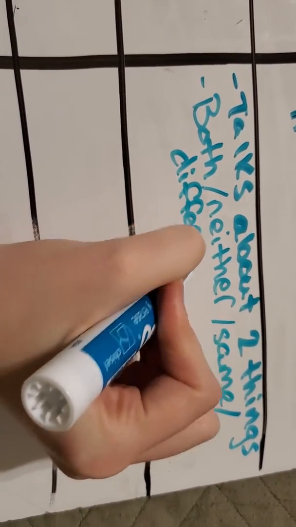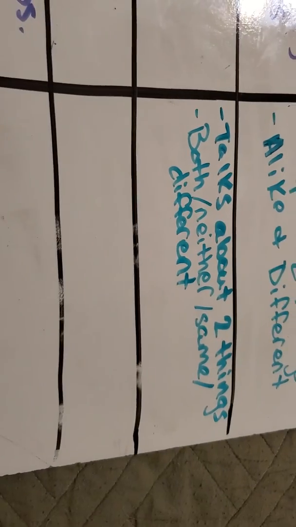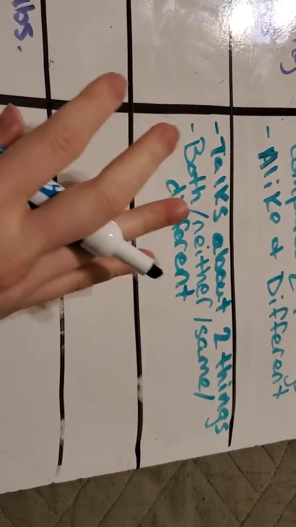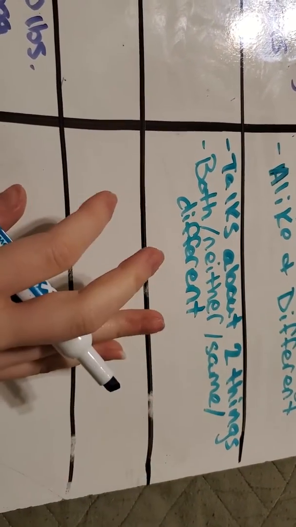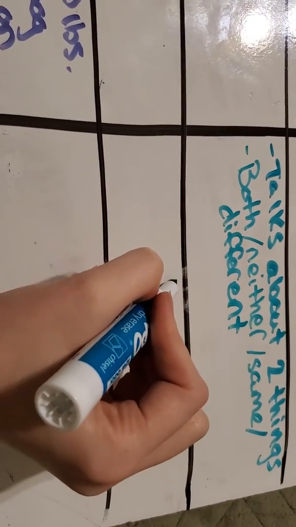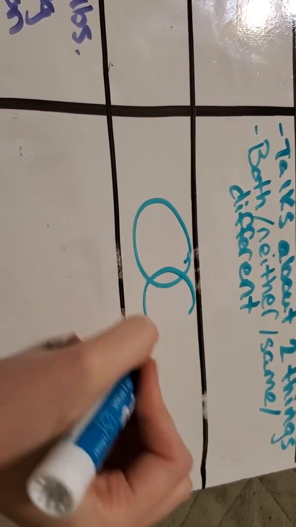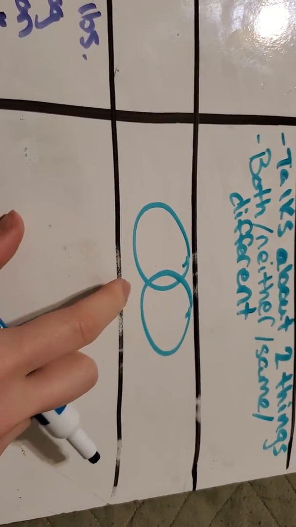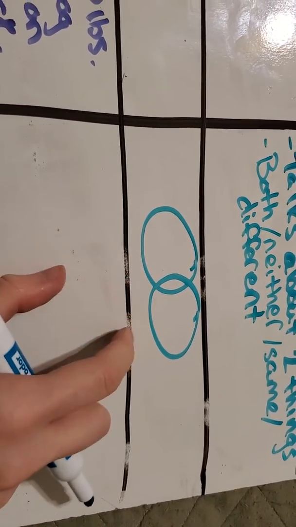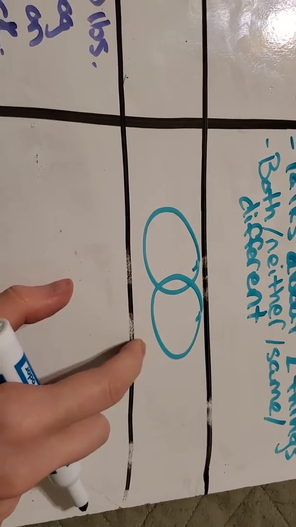A big part of this is just asking yourself, are they talking about how these two different things are similar or how they are different? And you're going to have your Venn diagram. So here is how they are the same. Thing 1, thing 2.